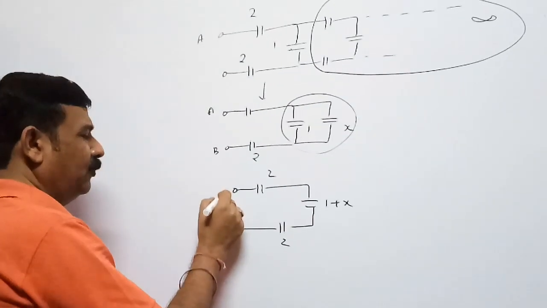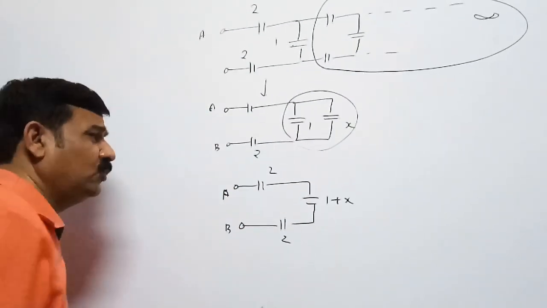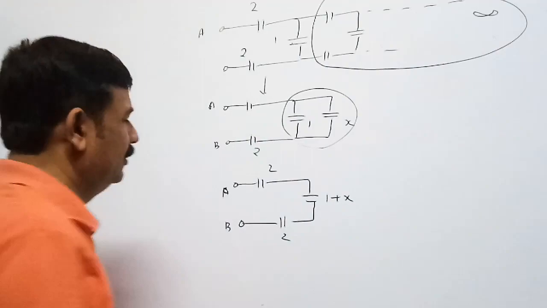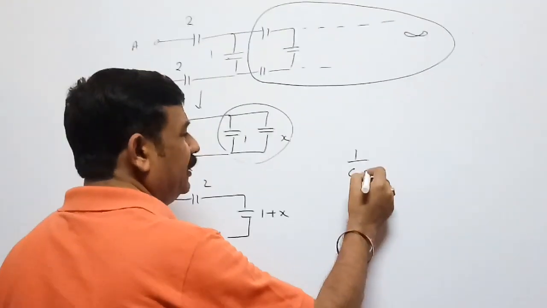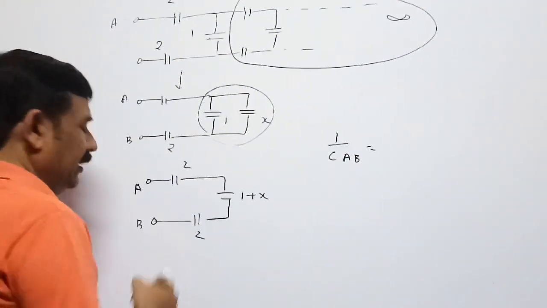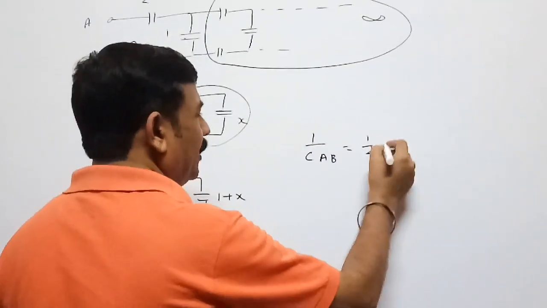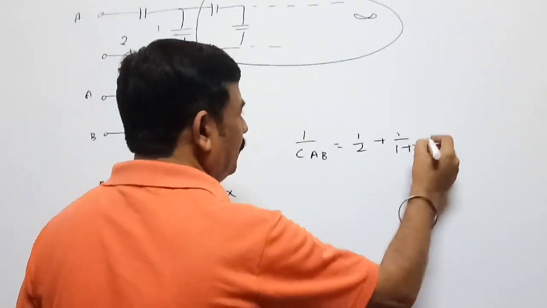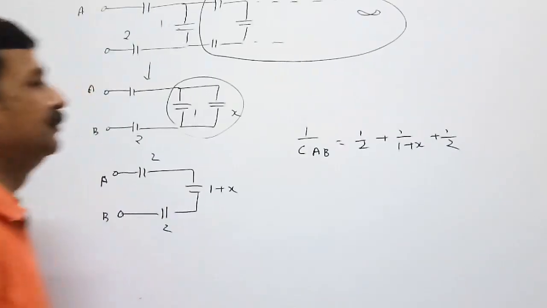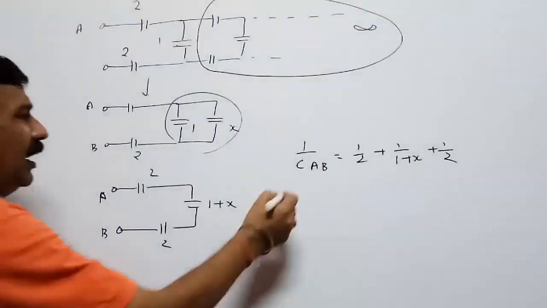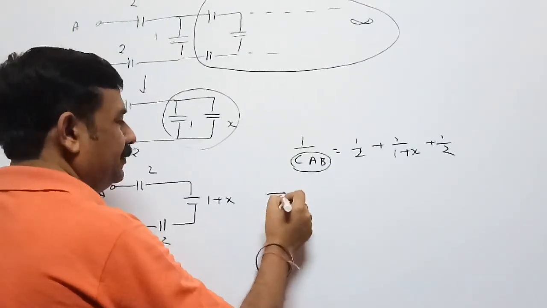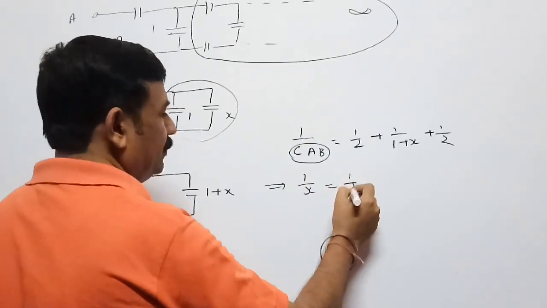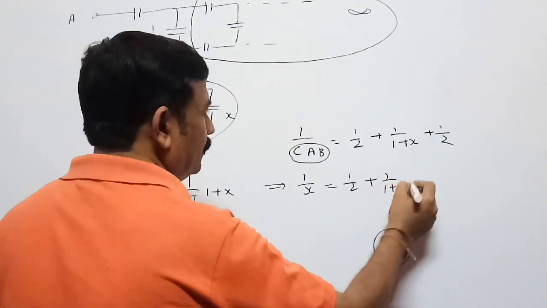Now between points A and B, it is very easy to say that they are in series. So the reciprocal of the net capacity between AB will be equal to 1 upon 2 plus 1 upon (1 plus X) plus 1 upon 2. Now this will also be assumed as X. Why?